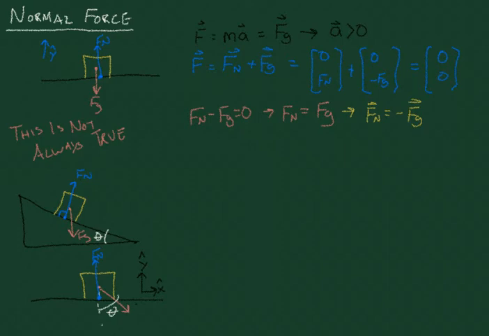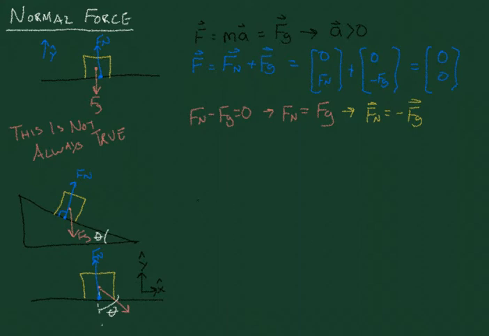So what this means is, if we look at the normal force now, again, from the way that we did it before, we see that we don't want the object to fall through the ground, and so it's going to be opposing the downward force.